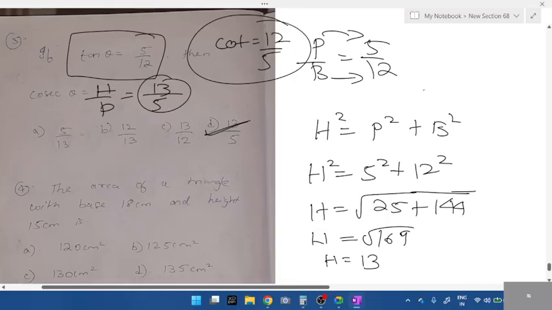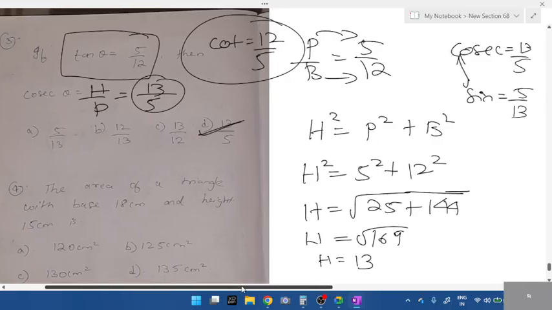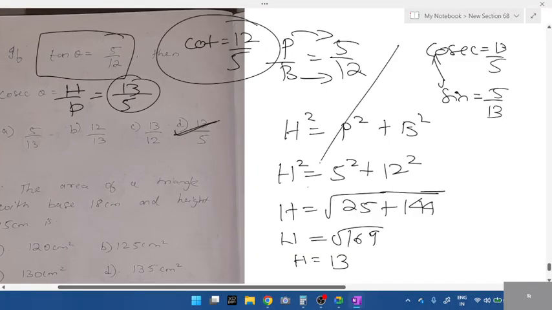Now, if they give cosec is equal to 13 by 5, what is the sin value? The reciprocal of cosec is sin, right? If cosec is 13 by 5, sin will be 5 by 13. So remember the reciprocal relations, students. If they ask a question based on reciprocals, do we need this calculation part? Not at all.